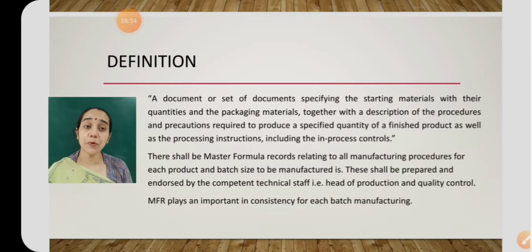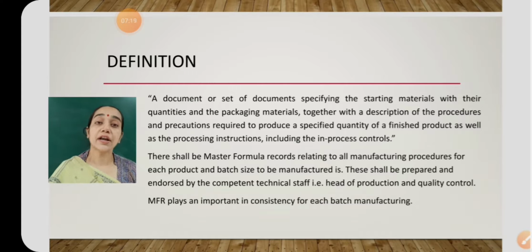So a master formula record basically relates all the manufacturing procedures for each product and for each batch size. The master formula record for a particular batch will be different from the record for another batch if the batch size is different. Sometimes we manufacture at a small scale, and if we manufacture at a bigger scale, then a batch manufacturing record will be there.